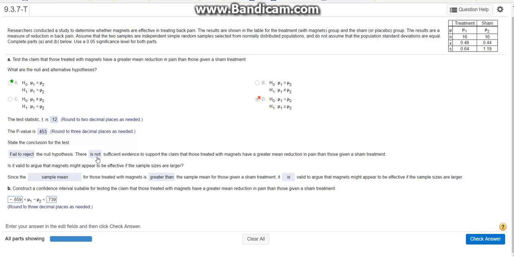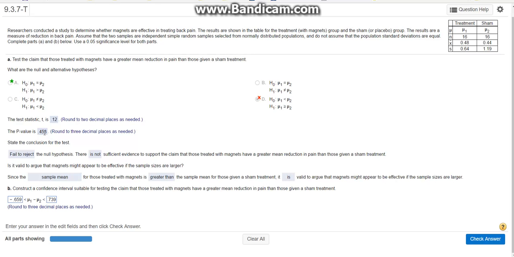There is not sufficient evidence to support the claim. Okay, since the sample mean for those treated with magnets is greater than the sample mean for those given the sham treatment, it is valid to argue that magnets might appear to be effective if the sample sizes are larger. Okay?